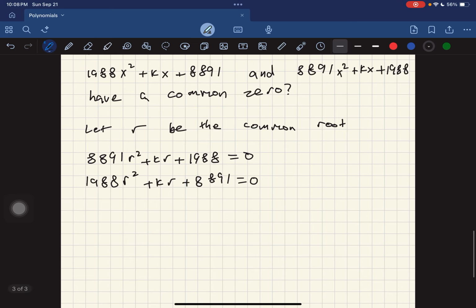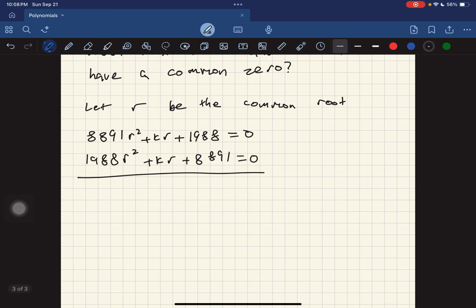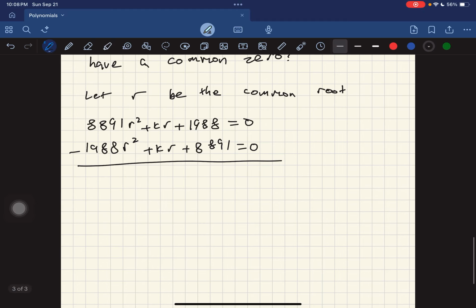Now what we can do is subtract these two, subtract this from this. The reason why we would subtract is because the k terms will cancel out.